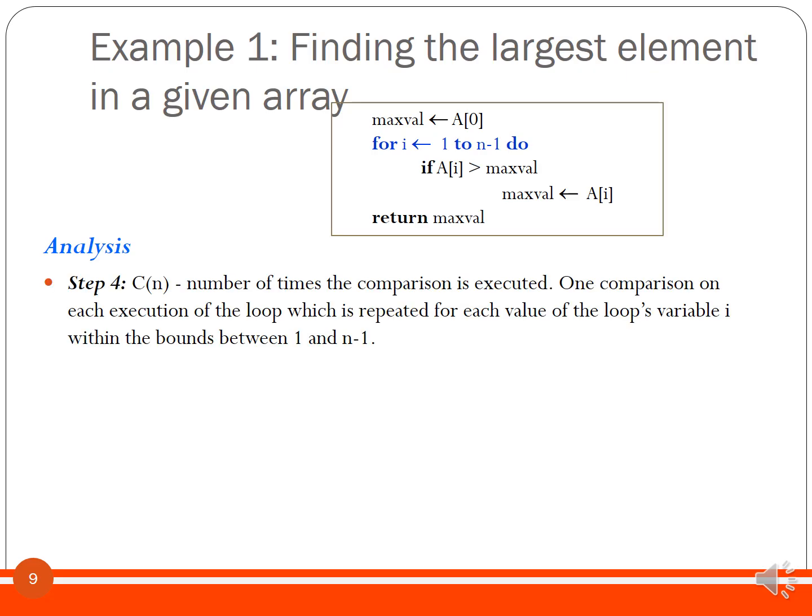So, counting comparisons. The comparison is executed once during every iteration of the loop. The loop runs from 1 to n minus 1. Therefore, the total number of comparisons is represented by the summation from i equals 1 to n minus 1 of 1.